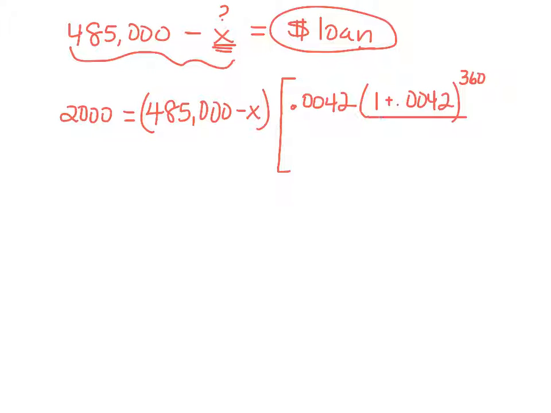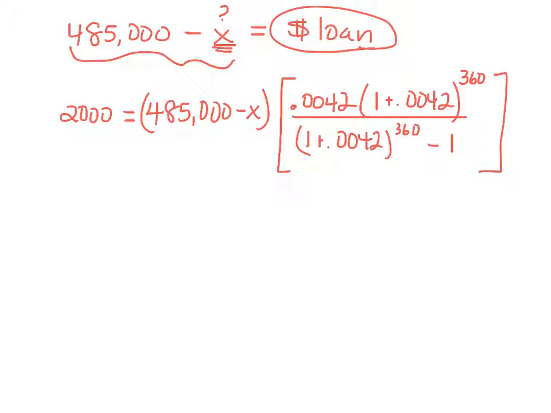And then over, and then it's going to be 1 plus 0.0042, so 1 plus 0.0042. And that's going to be to the 360th power again, and that's going to be minus 1 and so on. Okay, so what's in these brackets is what you're going to multiply out.